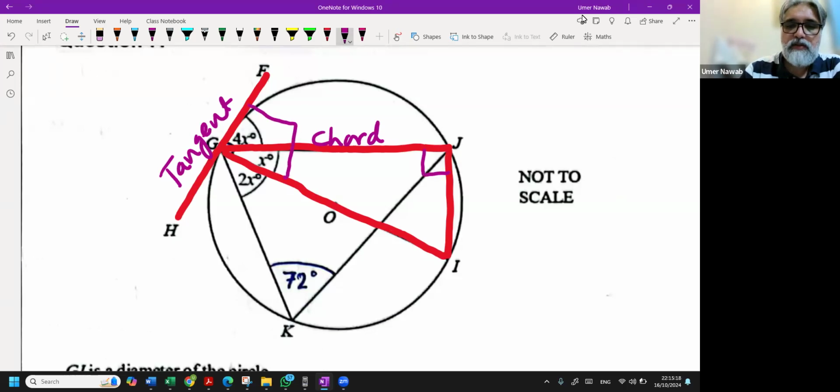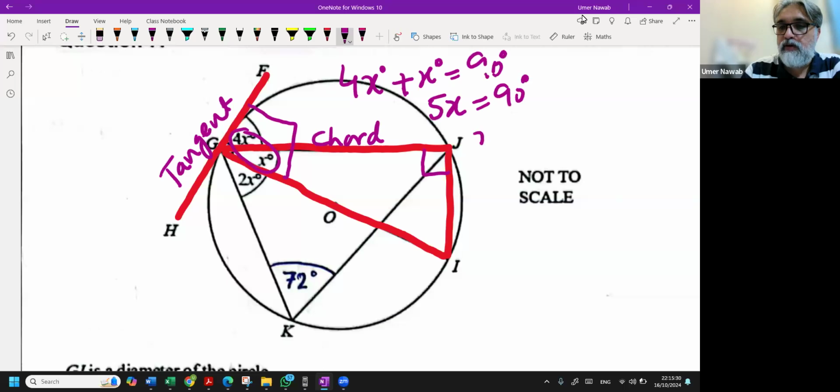So it means 4x plus x should be equals to 90 degrees. So 4x plus x is 5x. It is equals to 90 degrees. So x is equals to 90 degrees divided by 5. And we can get x, which is 18 degrees.